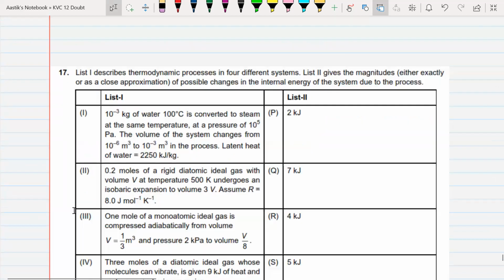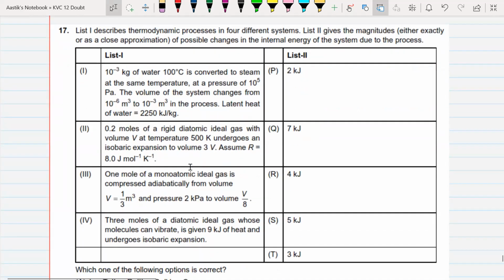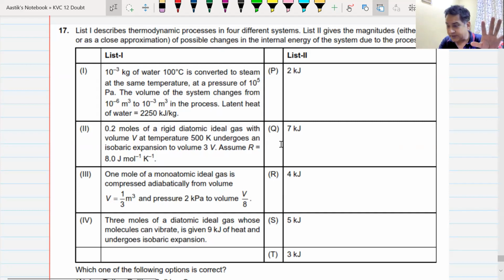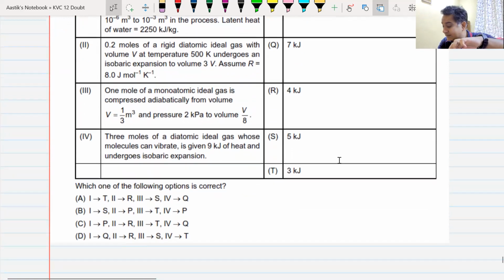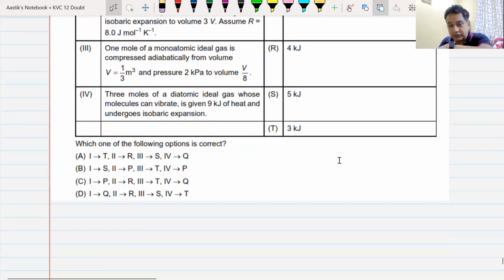It is quite small, I hope you can see. This was question number 17, I think, paper number 1. There were 4 different options, 4 different questions in one question, and we are going to cover the entire question in this class and the next class. You had to tell which option is correct.